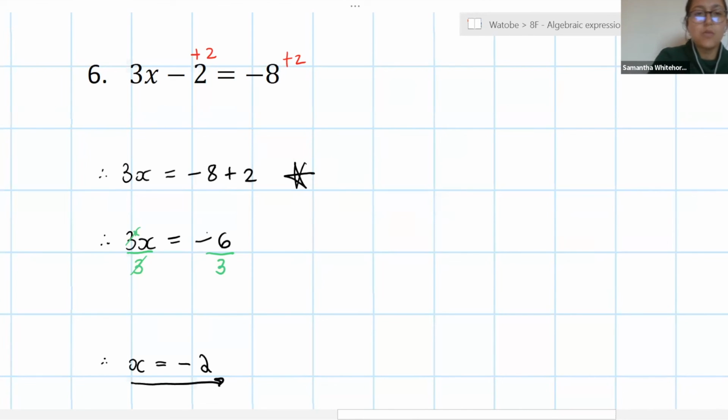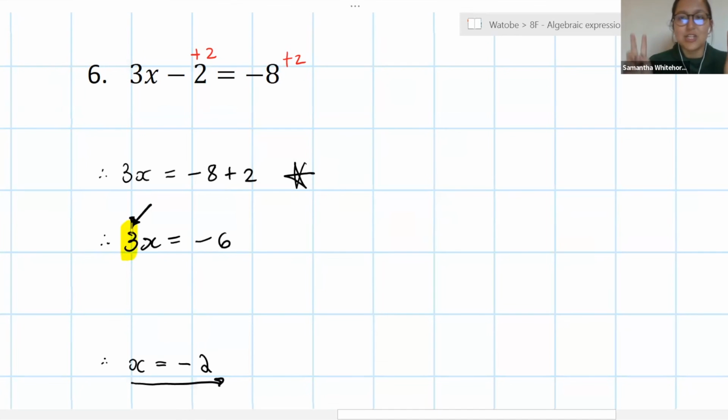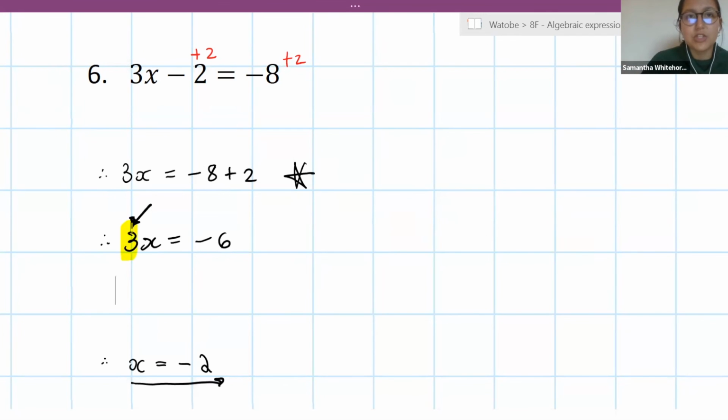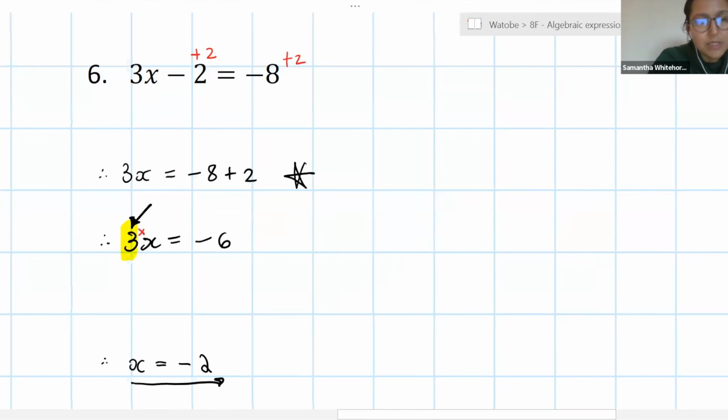Now, the thing that I want to deal with is, sorry, I'll write it back in now. I want to deal with this 3 because I want x alone. I don't want 3x, I want x. So what that means is I need to figure out how to essentially get rid of that 3. Now, the only way I can get rid of the 3 is to do the inverse operation. So remember, there's a times in between the 3 and the x, which means the opposite of that is to divide.